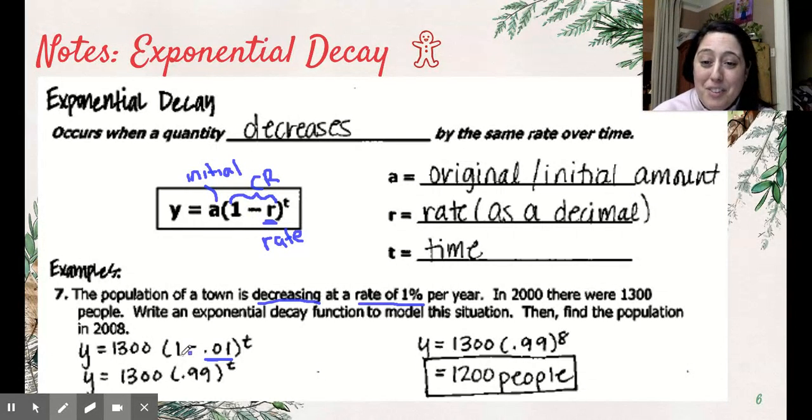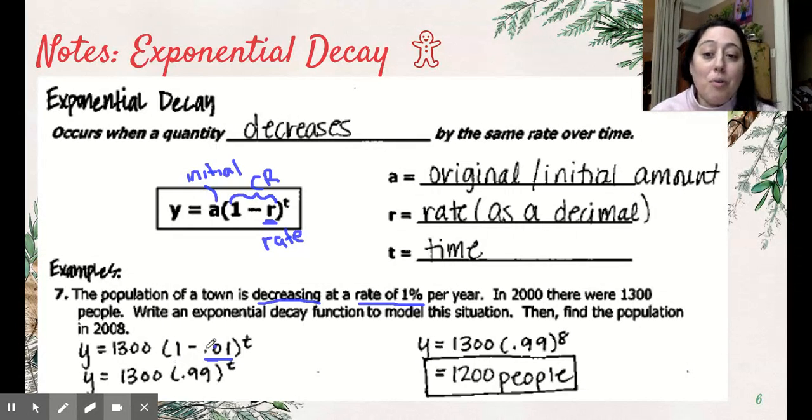And the reason for that is we're basically saying, I don't just want 1% of, in this case, 1,300, right? I don't just want 1% of it. I want 1% less. So we're basically taking 100% of 1,300 and subtracting 1% of 1,300. So this 1 is like 100% of your original amount, all right?